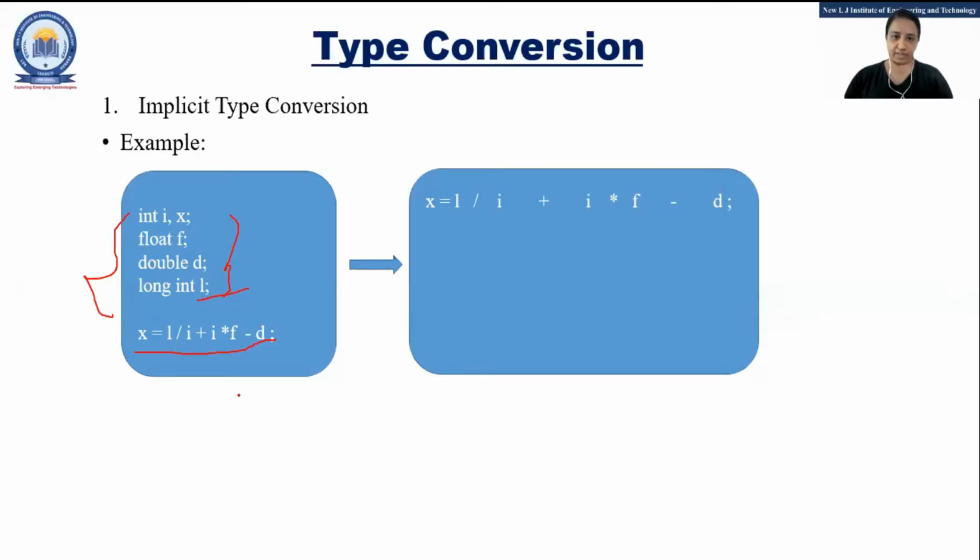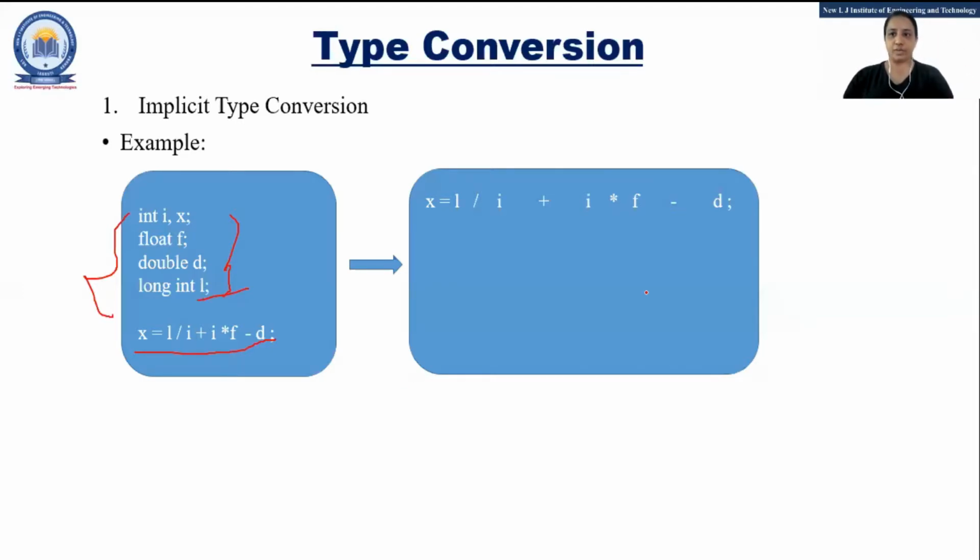Because the importance and the priority is first, and the rank is also higher. That means multiplication and division have the same priority, right? So it will now go for associativity. Associativity for multiplication and division is from left to right. So L divided by I is supposed to be done first.